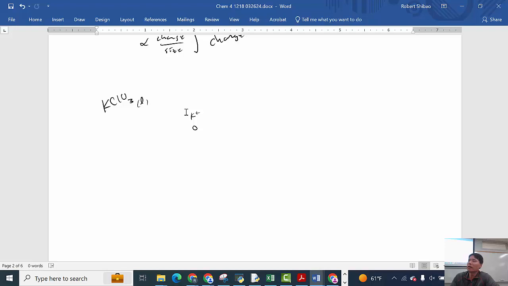Are there chloride ions in potassium chlorate? No. There are chlorate ions in potassium chlorate. And now these have translational mobility. Liquids have translational mobility.